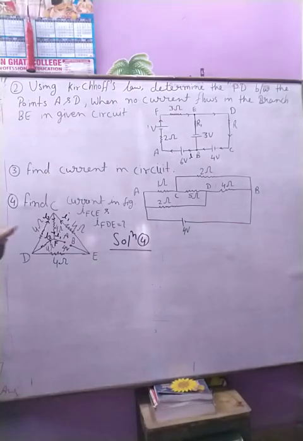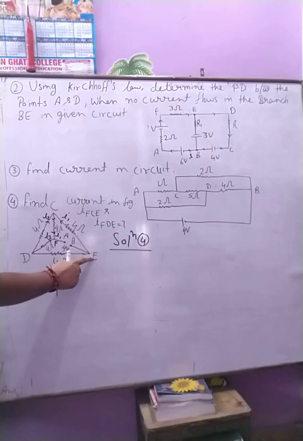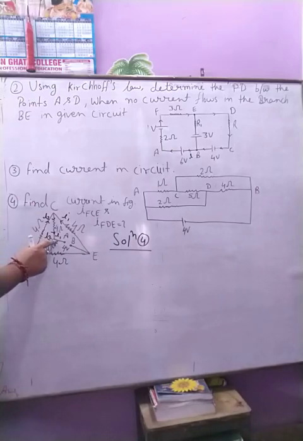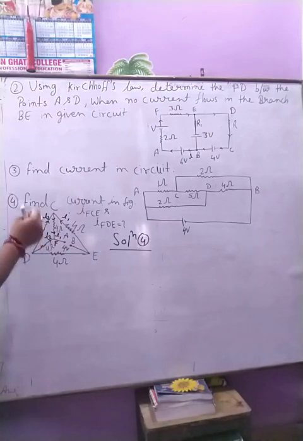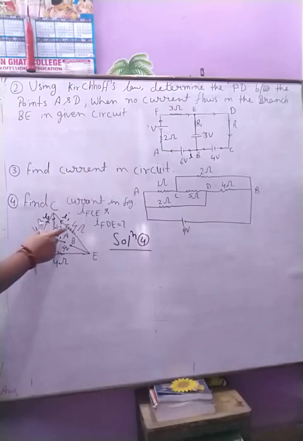So students, if we are going to solve this, F to E is one diagonal in which the battery is connected, and second, D and E is the other diagonal.